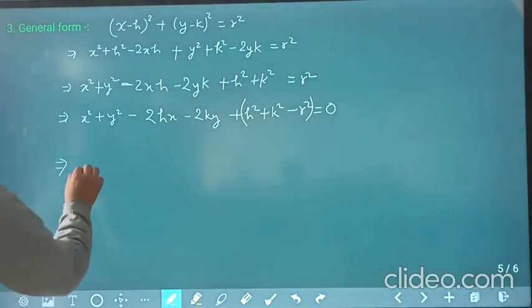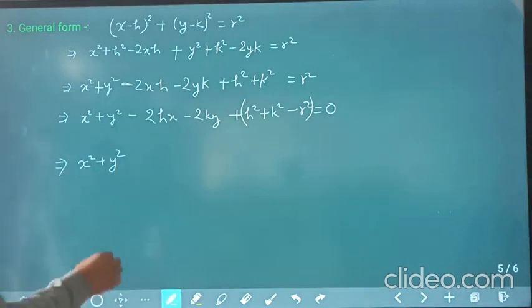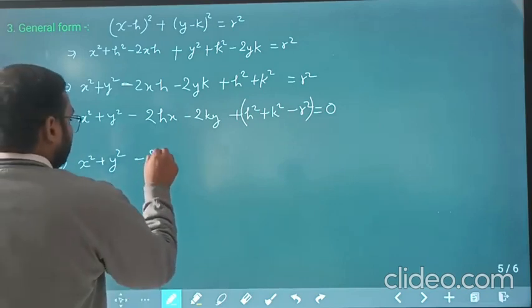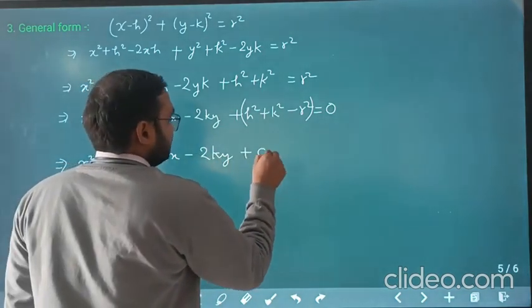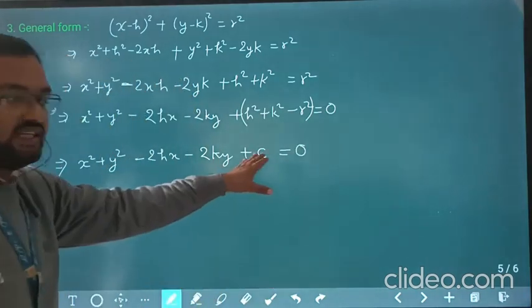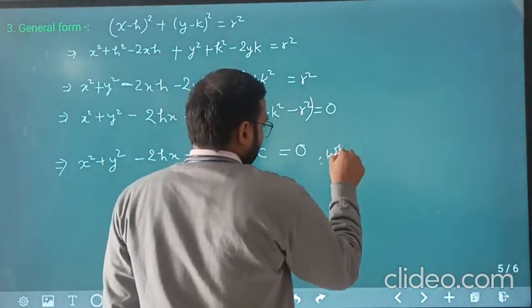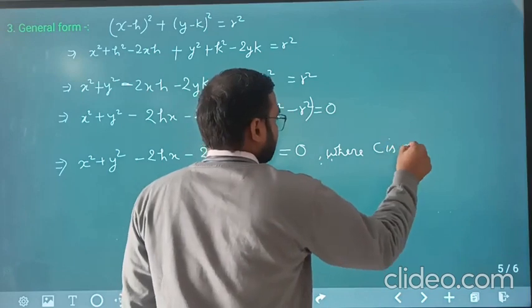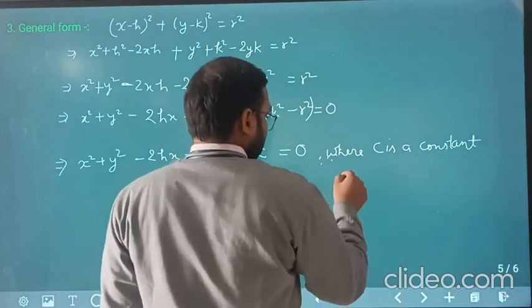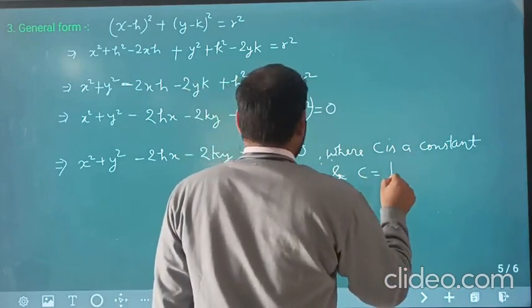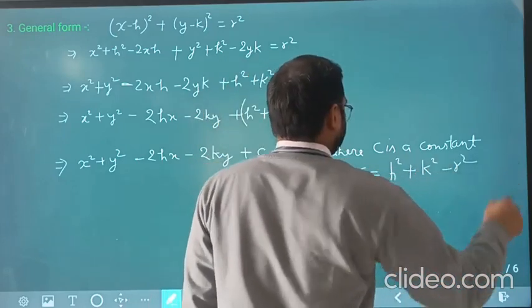So we can write here x square plus y square minus 2hx minus 2ky plus c is equal to 0, where c is a constant and c is equal to h square plus k square minus r square.